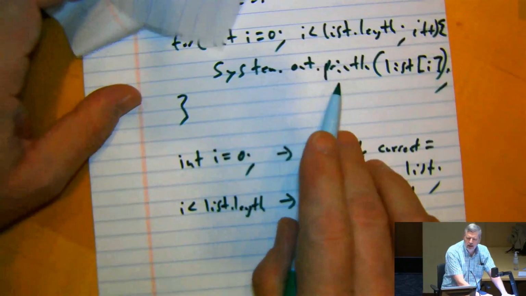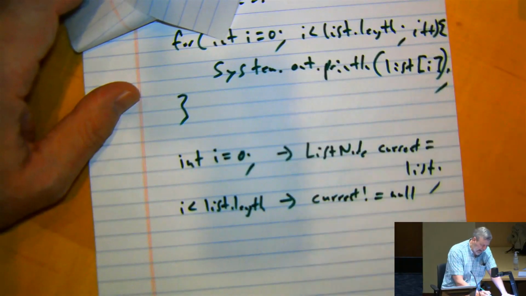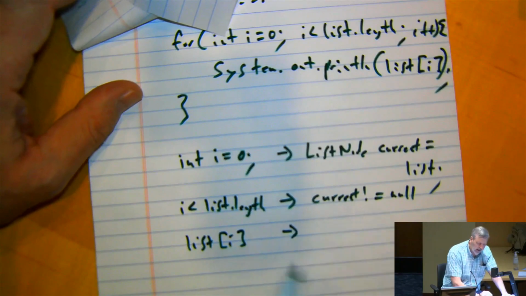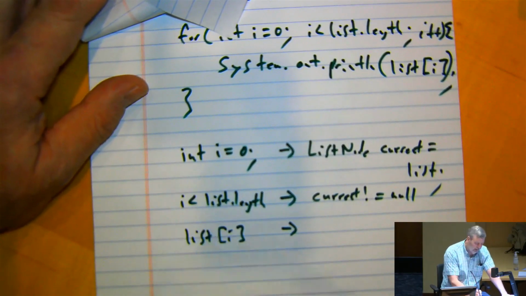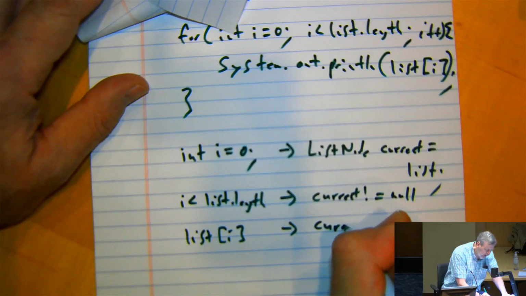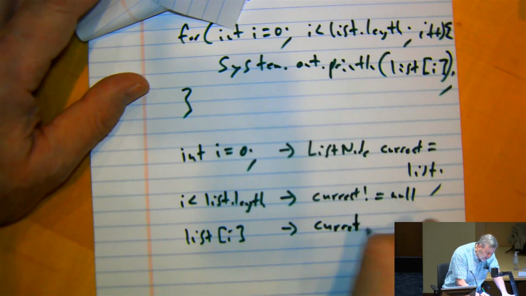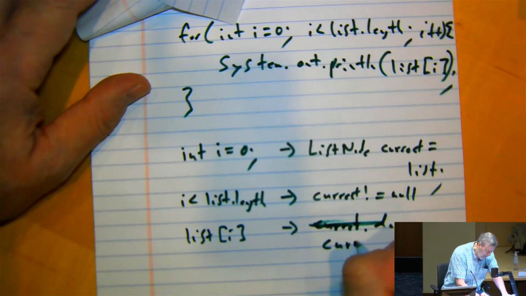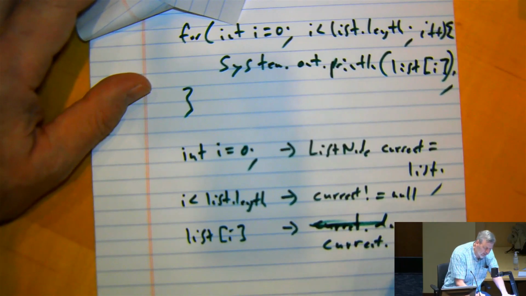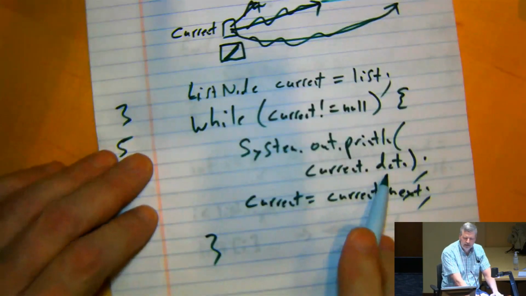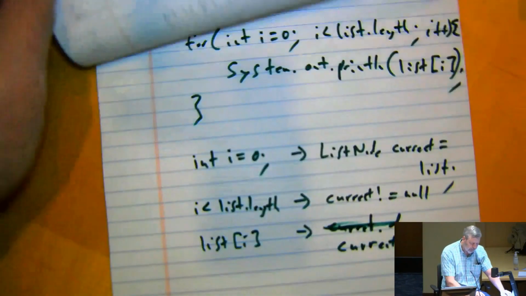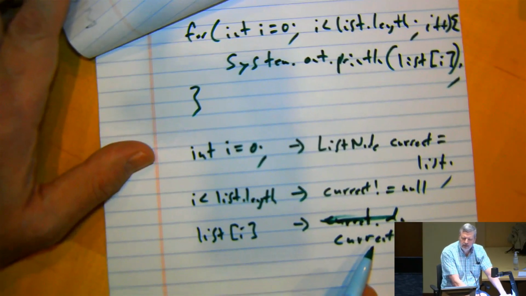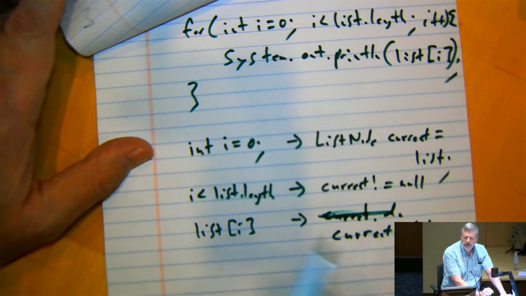We end up doing a println of list bracket i. So here we use list bracket i as the way to refer to an element of the list using our indexing variable. Here we refer to current.data to refer to the next bit of data in our structure. And here using the integer indexing, here using the reference, the current, and using the dereferencing dot.